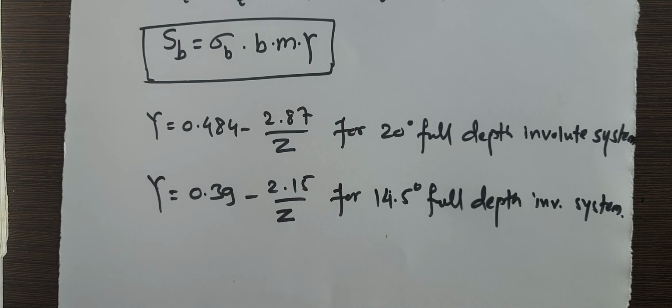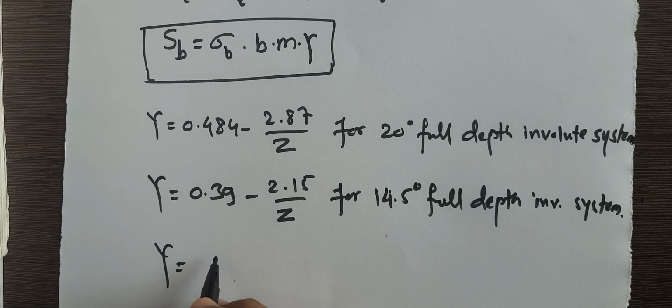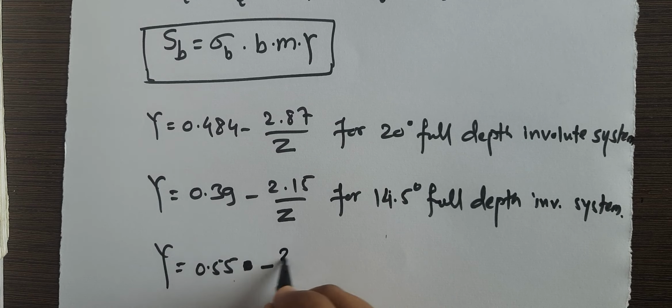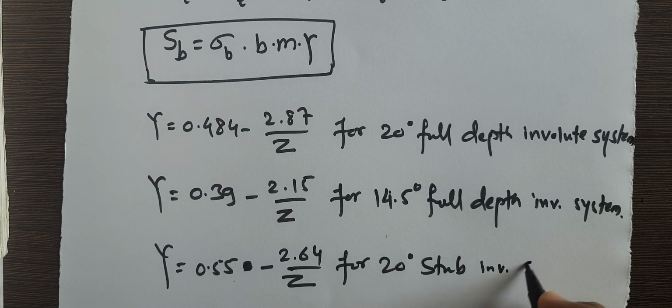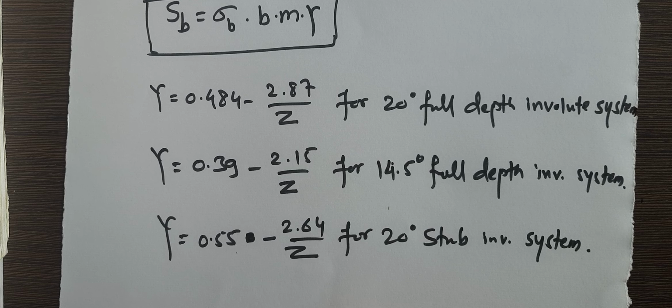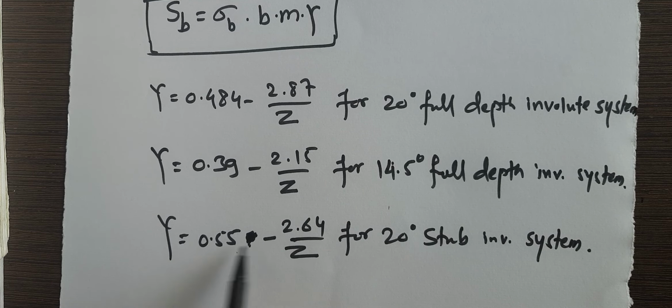And the third formula of the Lewis form factor Y is 0.55 minus 2.64 divided by Z for the 20 degree stub involute system. So these are three different formulas of Y.